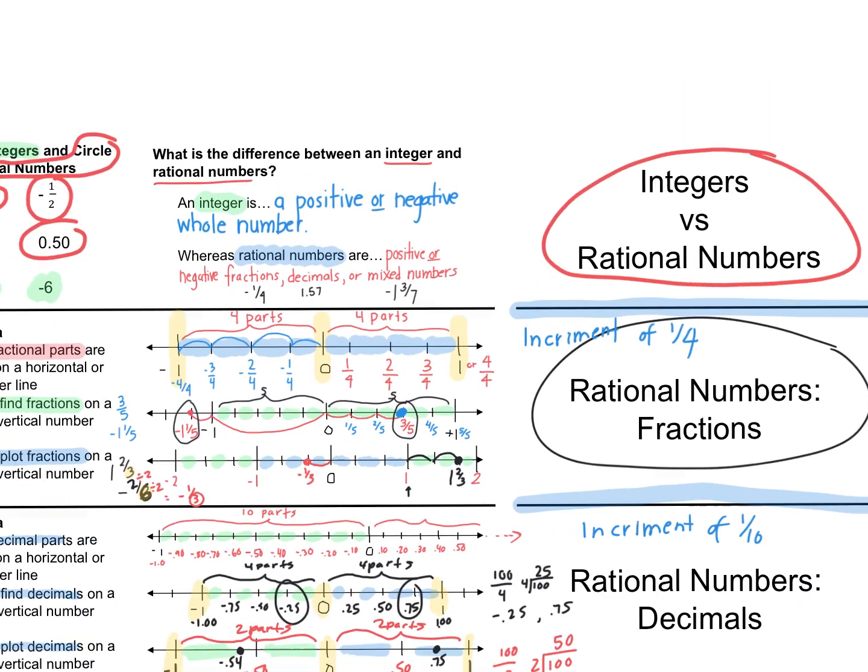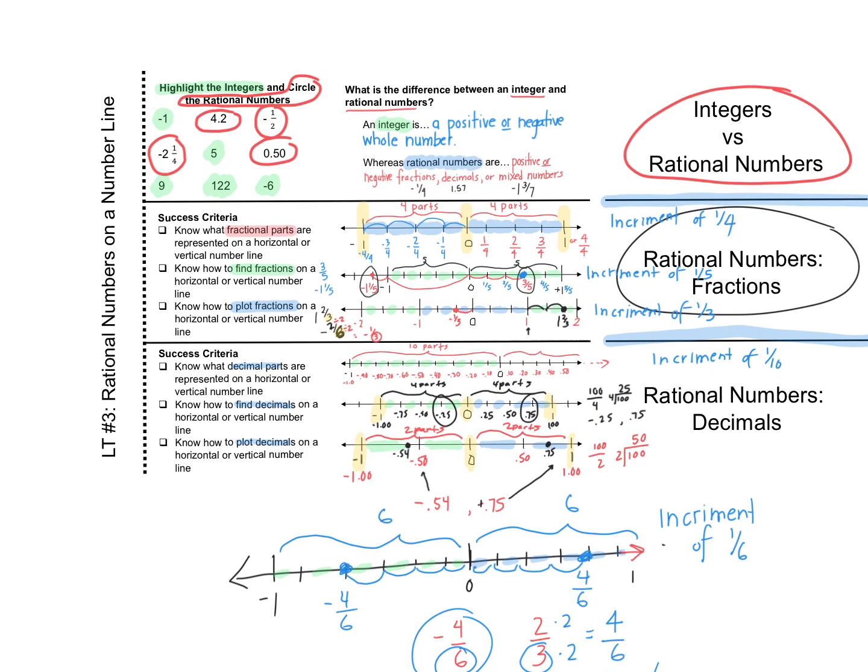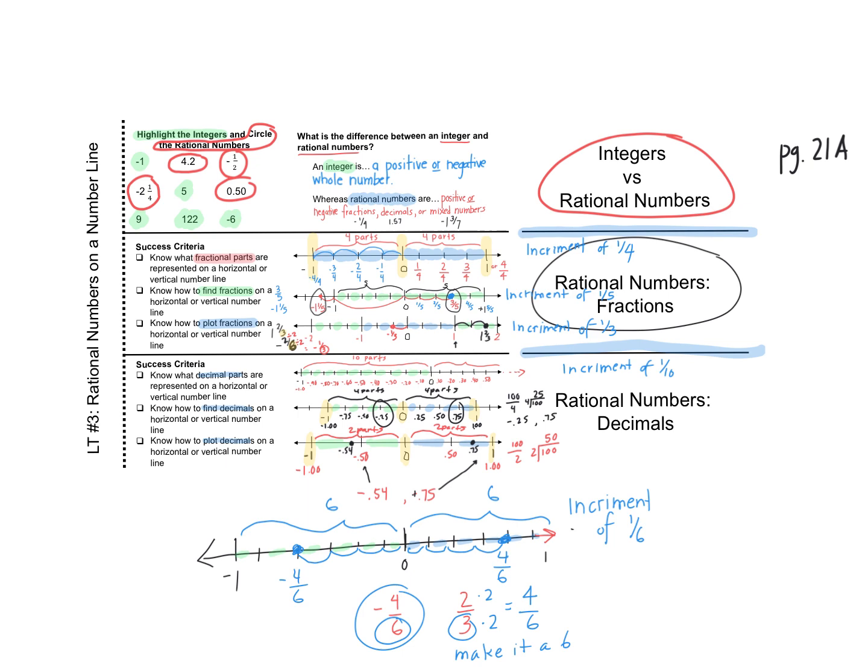And this one right here is an increment of 1/5 because there's 5 parts, right? And this one is an increment or interval, whatever you want to say, of 1/3, because there's 3 parts. So you just look at the amount of parts and it'll tell you how many intervals you need to create, right? Make sure you have that stuff written down. And then you're going to go ahead and move on to the practice.